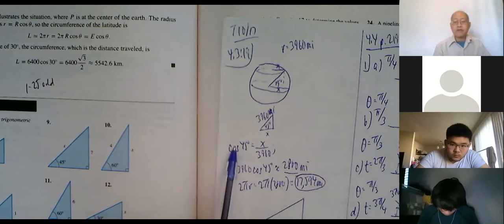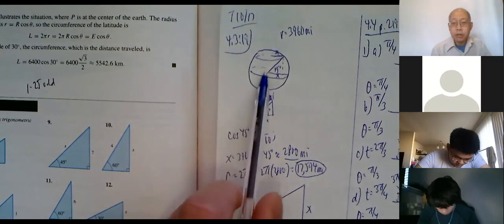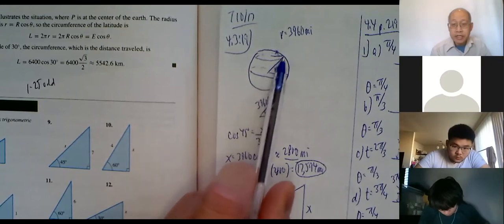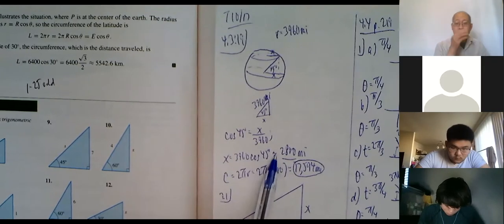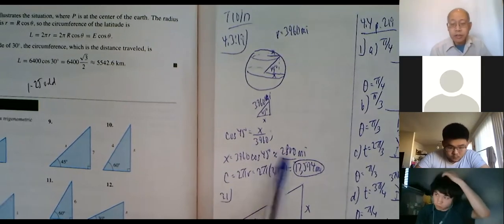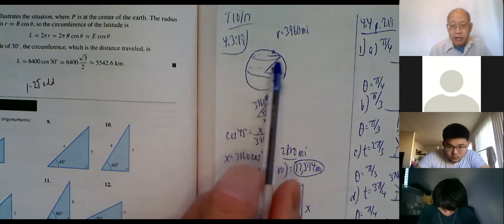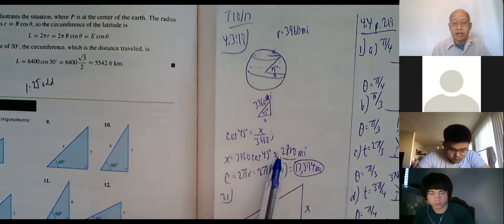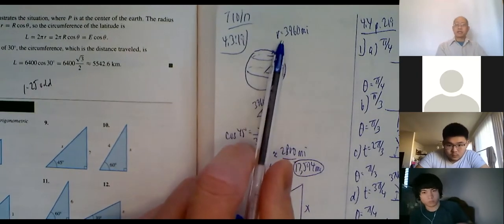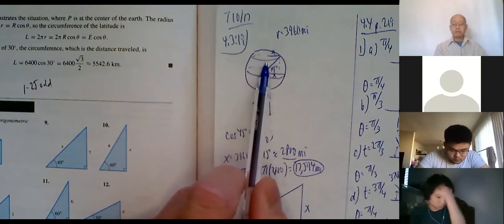So cosine 45 degrees is x over 3960. Okay, so this hypotenuse is 3960. So punch out in a calculator, it's 2,800 miles. Okay, so this radius, if I'm 45 degrees latitude north, the radius going all the way around is only 2,800 miles, not 3,960. Which means if I go around the Earth, of course, it's not going to be as much.